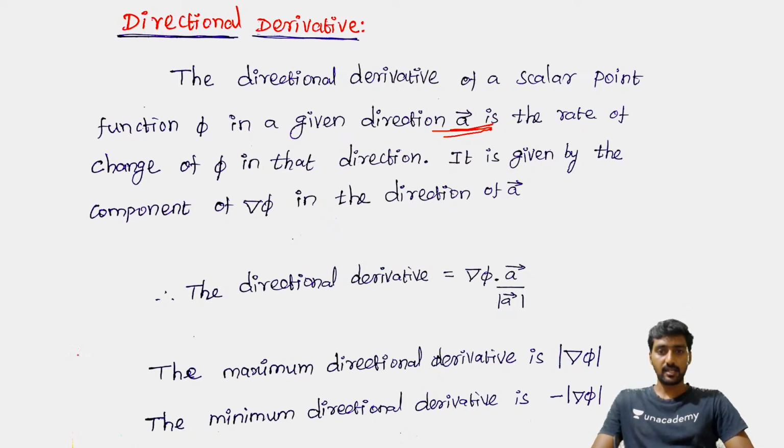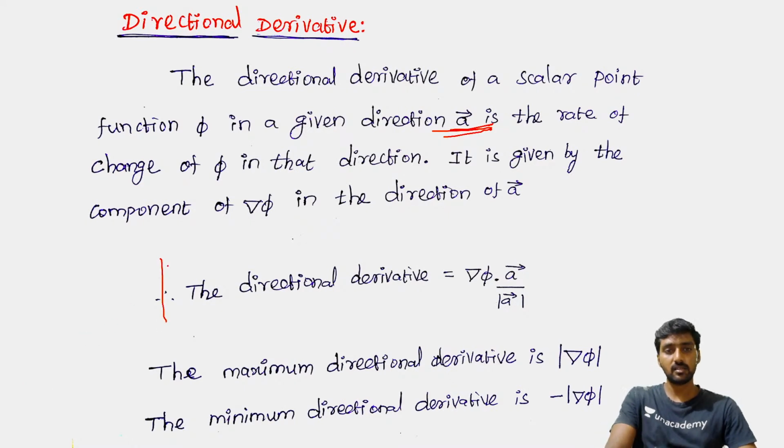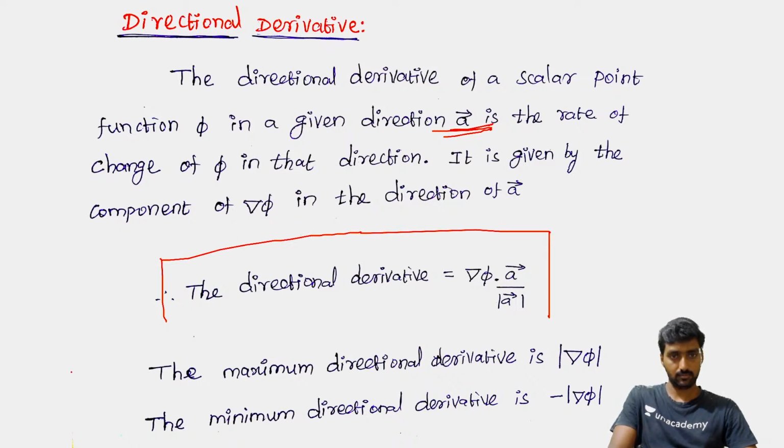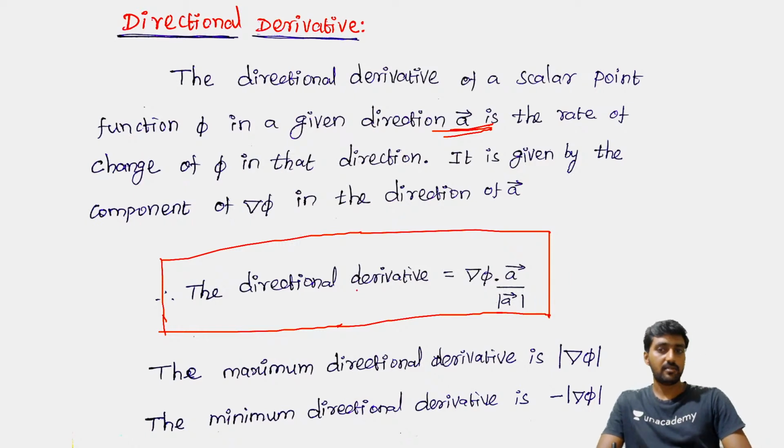The formula for the directional derivative is del phi dot a vector divided by modulus of a vector. The maximum directional derivative is modulus of del phi. The minimum directional derivative is minus modulus of del phi.